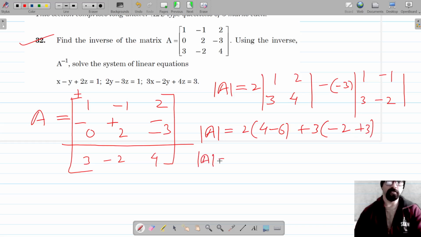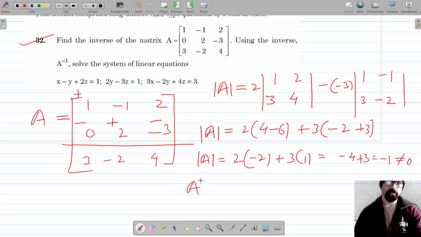So determinant A is equal to 2 times (-4 plus 3), which gives negative 1, which is not equal to 0. So A inverse exists because the determinant of A is negative 1.